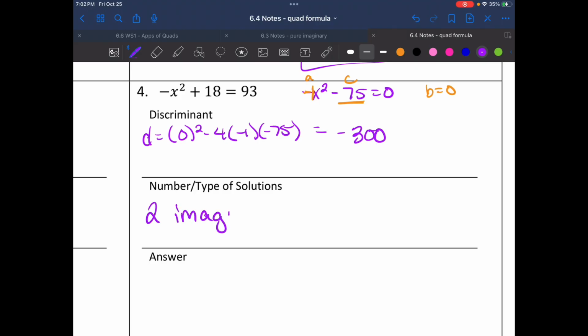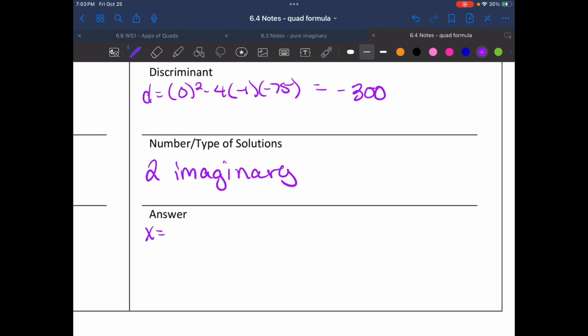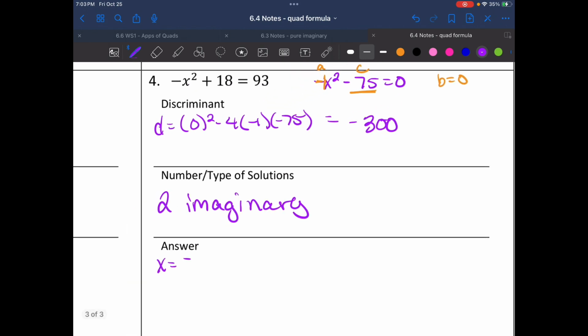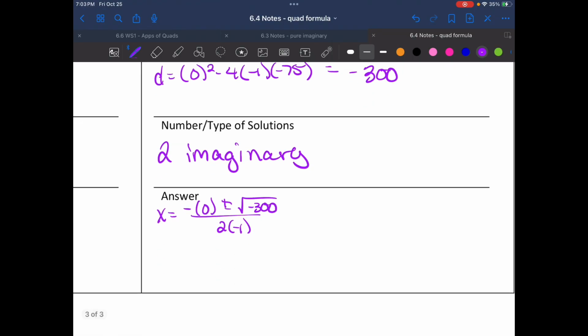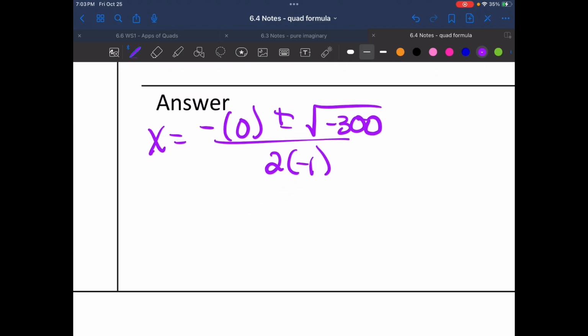Negative, I've got two imaginaries. X equals negative b plus or minus square root of negative 300 over 2a. Remember, the negative 300 was your discriminant.